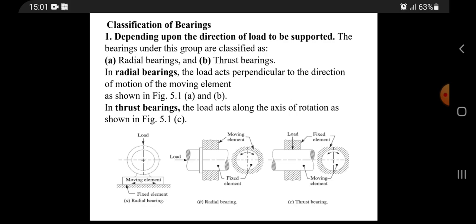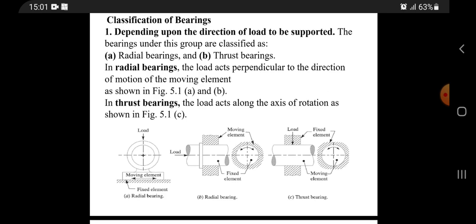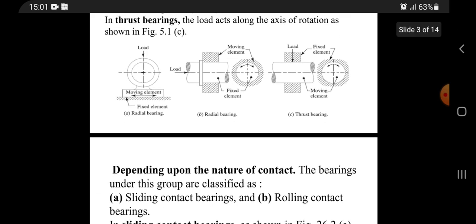In the diagram, part A and part B are radial bearings, and part C is a thrust bearing. That is the difference between the bearings.